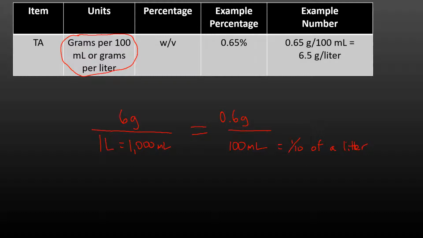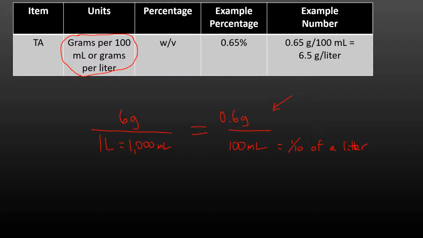In other words, the numerator in the fraction on the right is 1/10 of the fraction on the left, and the denominator is also 1/10 of the fraction on the left. So be comfortable with that, because it's important to do those conversions.